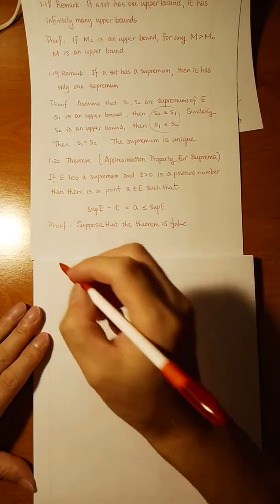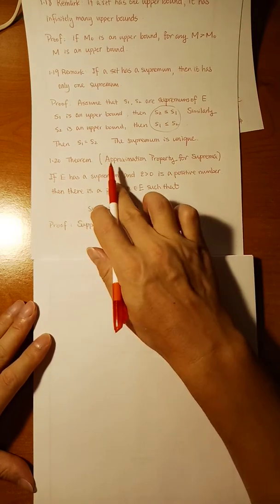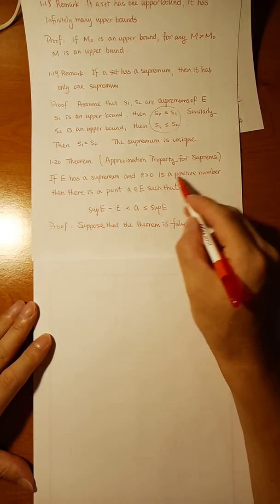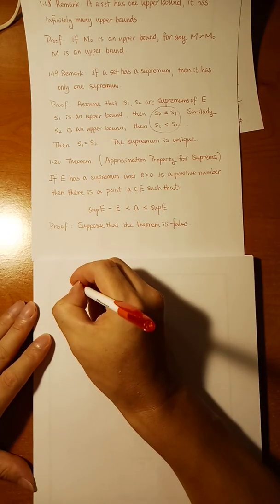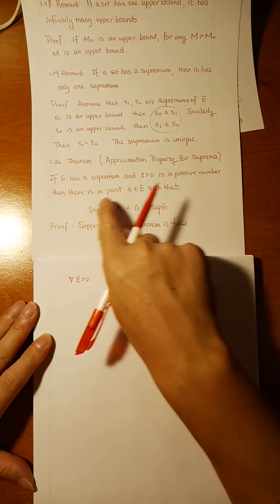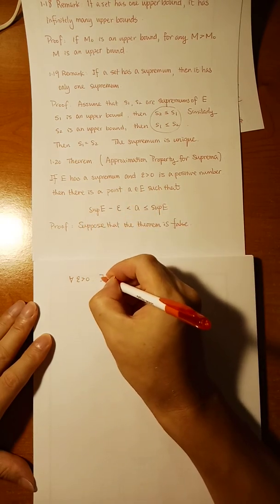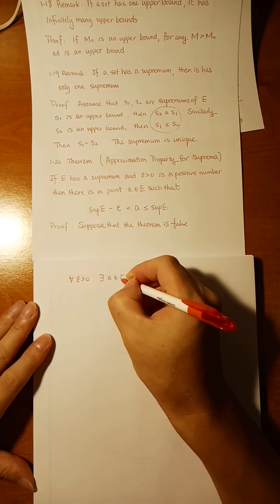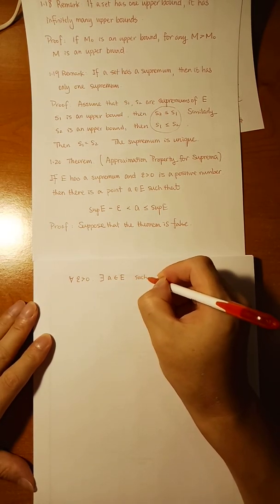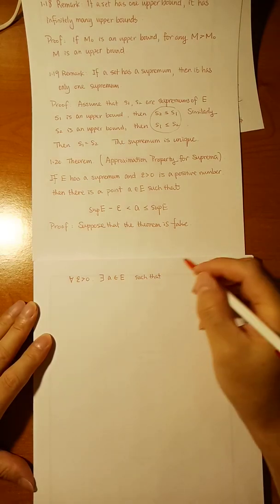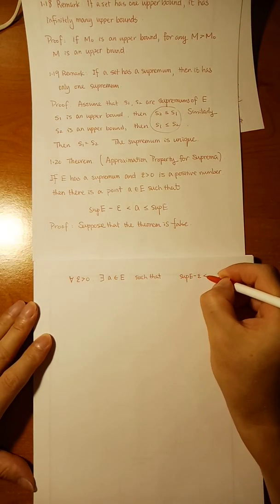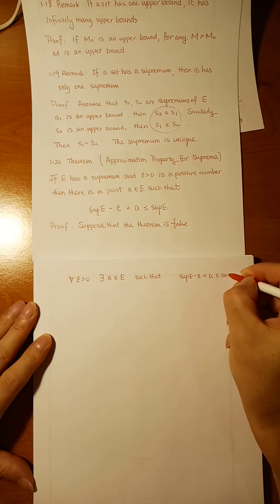The theorem is the following. E has a supremum, so let's leave this. Epsilon is a positive number, so here epsilon is arbitrary. So for arbitrary epsilon greater than 0, there is a point A in E such that the supremum minus epsilon is less than A, less than or equal to the supremum.